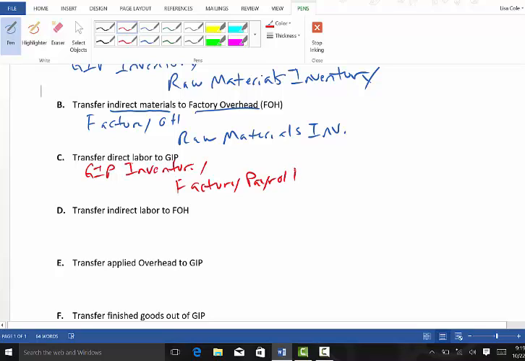And we also have people working in the factory that we consider indirect labor. And so the cost of that labor, we would transfer to our factory overhead by debiting factory overhead and crediting our factory payroll.